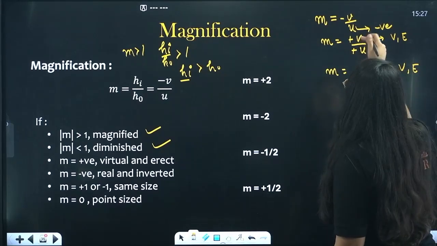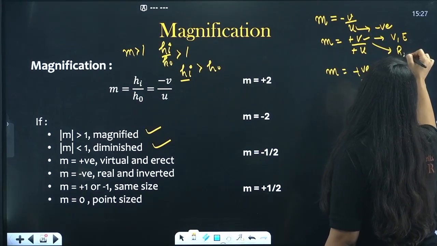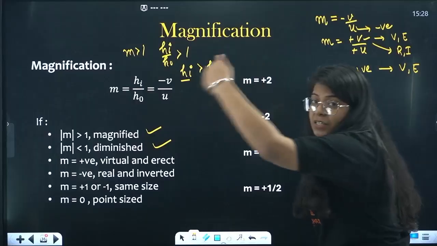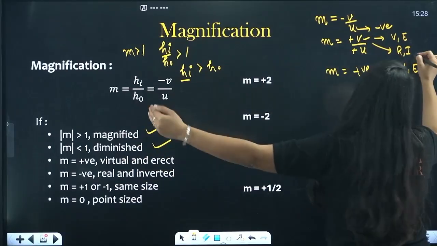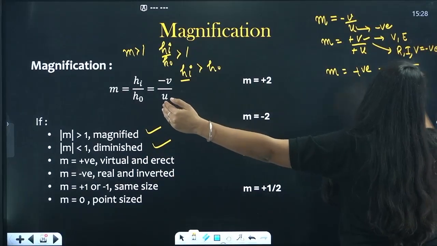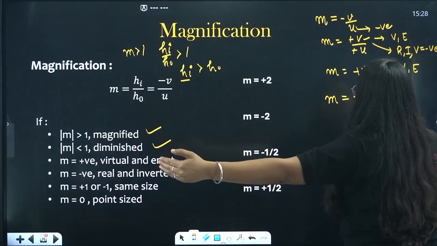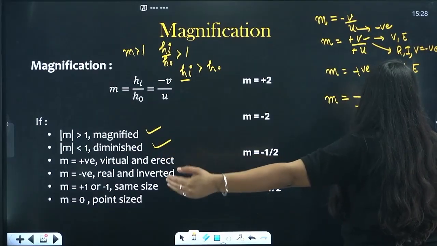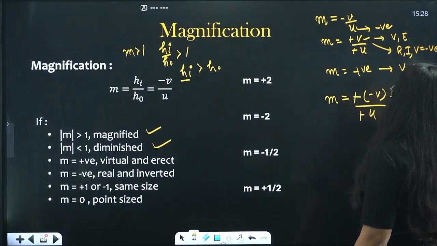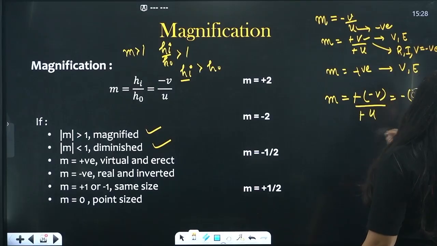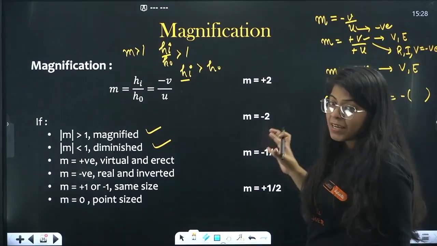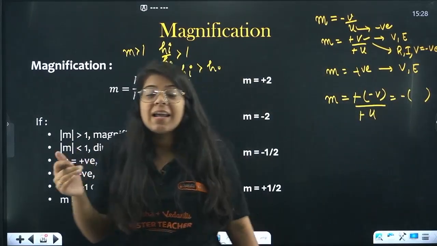But if the image is real and inverted, V is on the left hand side, so V is negative. Then minus of minus V by minus U, this cancels, and a minus value remains. So if there is a negative value, it's a real and inverted image.